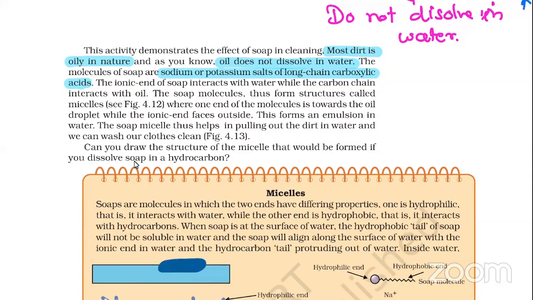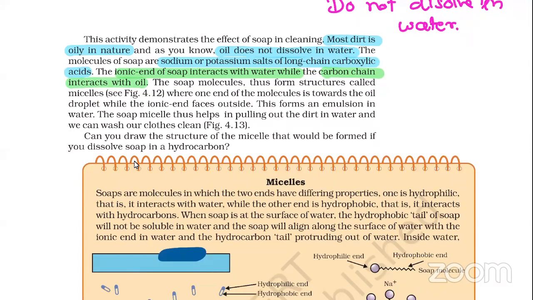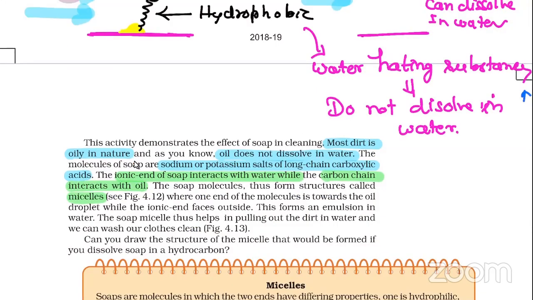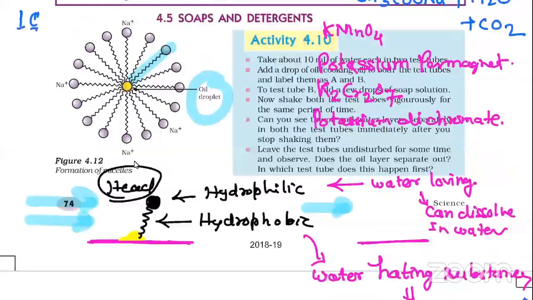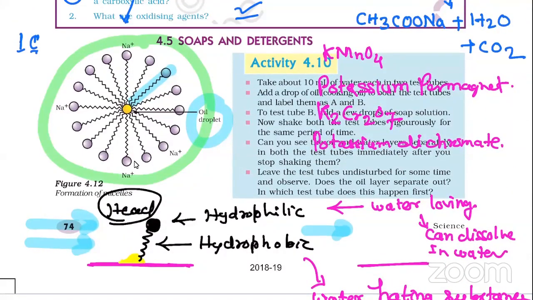So the ionic end of soap interacts with water. The ionic end is the head of the soap molecule, and the carbon chain, the tail, interacts with the oil. Soap molecules thus form a structure called micelles. So this particular structure you can see is called micelles.